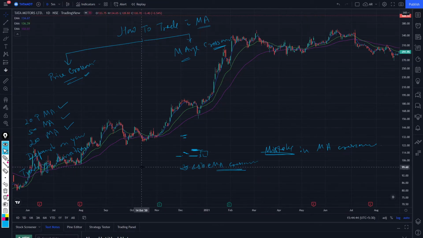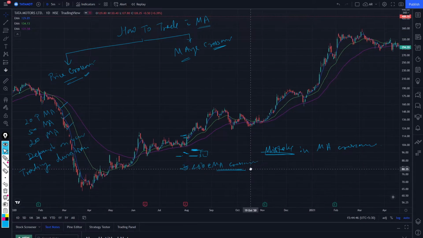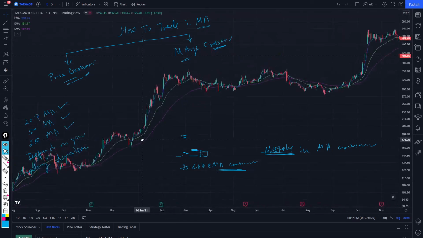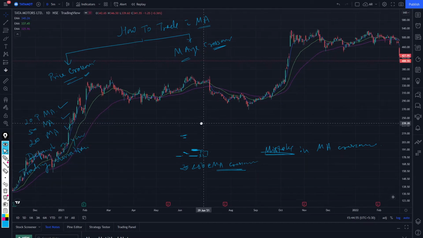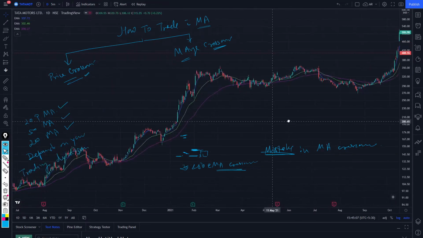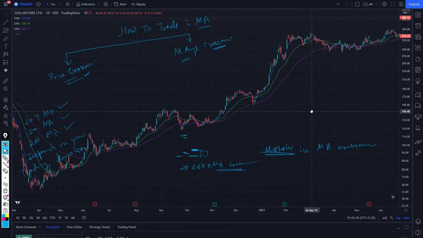So your entry was around this level, around 98 or 100, and your exit was around here, 328, because here there was no crossover. So you can use this also. It gives you a very long trend.